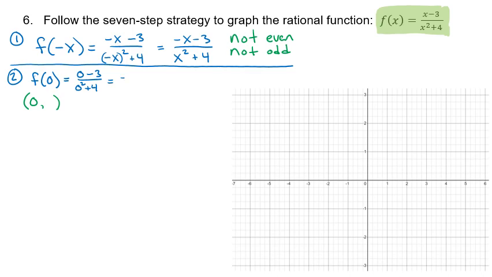So that looks like negative 3/4. So when x is 0, y is negative 3/4. Let's go ahead and plot that one point right there, negative 3/4 on the y-axis.